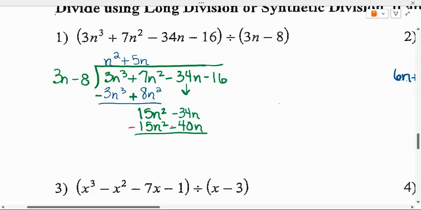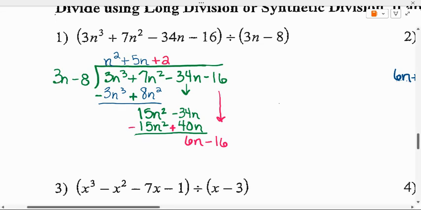Subtract, change the sign. So 15n squared minus 15n squared is 0, negative 34, and a positive 40. Give me a positive 6n. Bring down my minus 16. Manuel, what do I multiply 3n by to make it equal 6n? Positive 2, right?